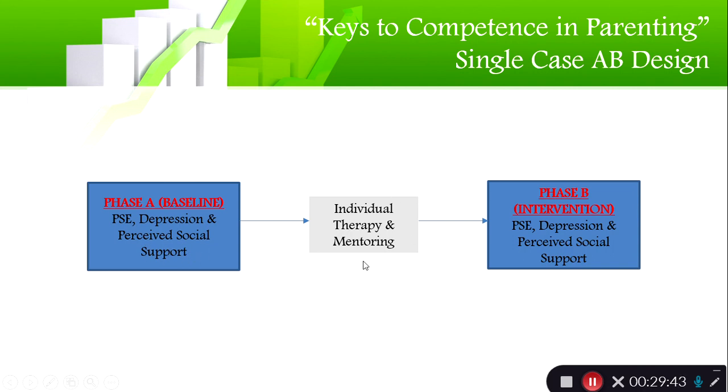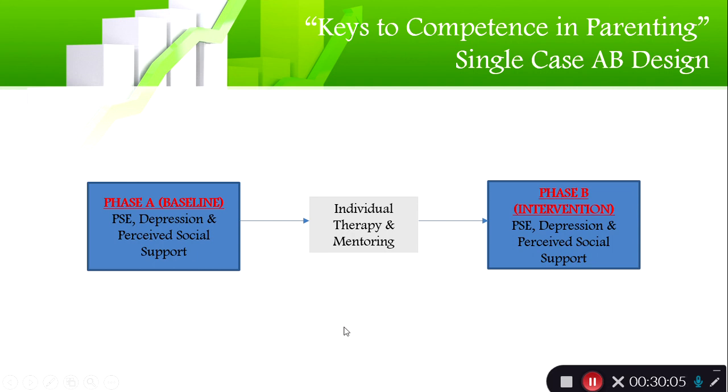And then we can introduce the individual therapy and mentoring, and then go into our phase B, which will be our intervention phase, and take multiple measurement points in phase B as well on each of these outcomes.